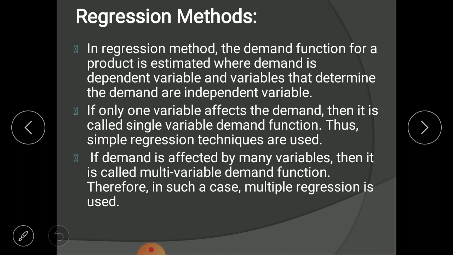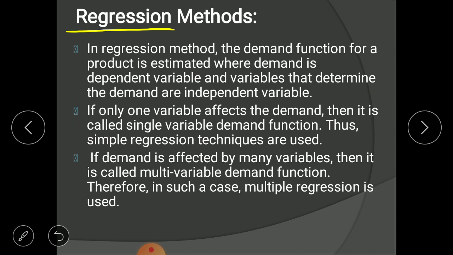Now the second method under statistical methods is the regression method. This word is not new to you; you are learning it in your business statistics, and you are already learning the practical problems of regression. And in regression you have also encountered the sums which are related to demand forecasting.